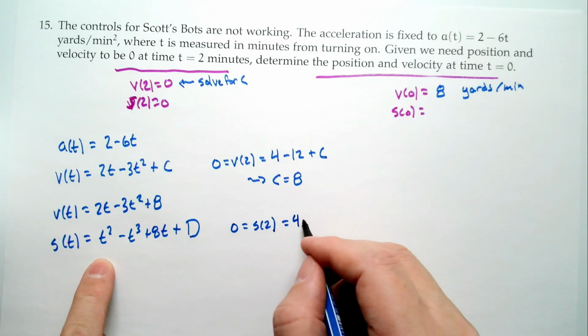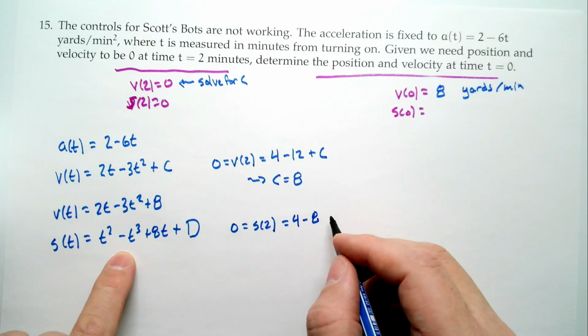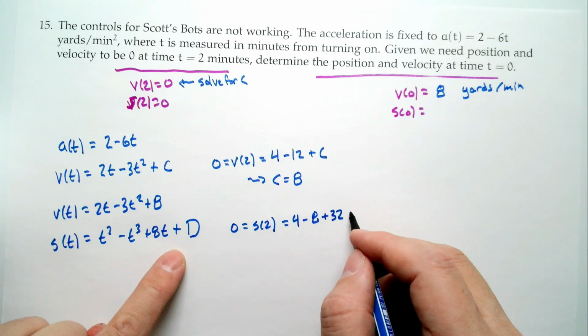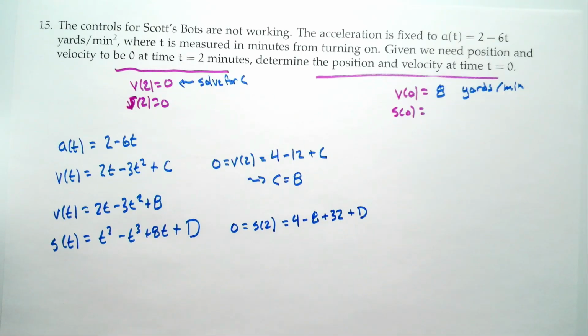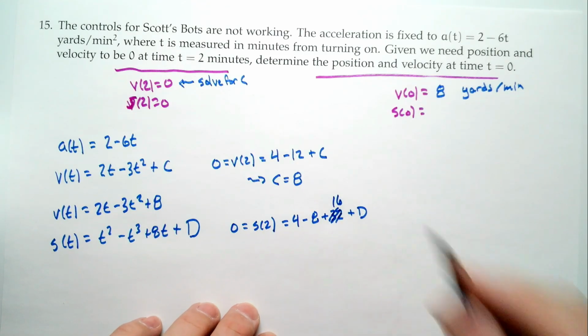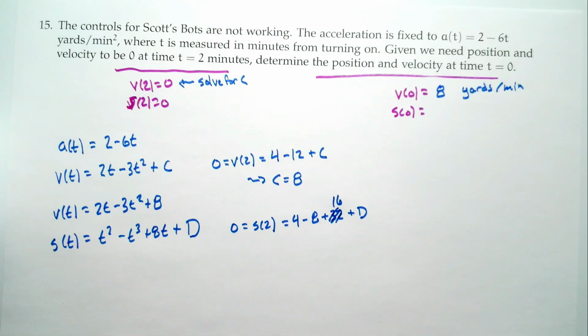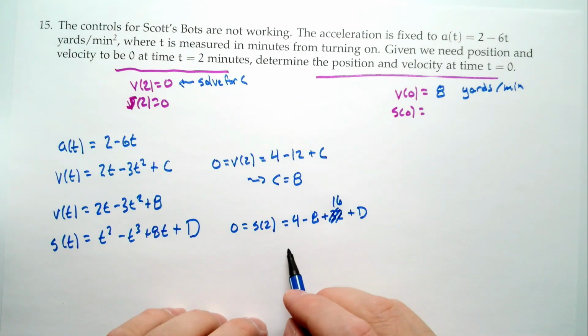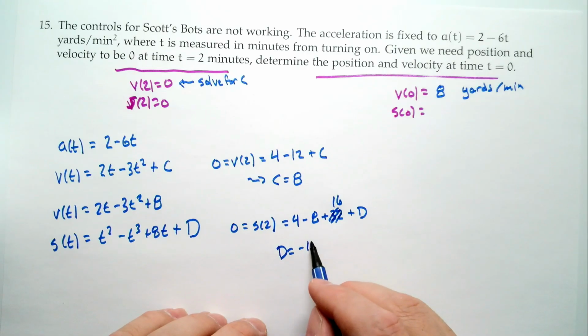We get 4 minus 8, and then plus 32 plus d. All right. So, well, what does that give us? Oh, wait. Plus 16. Yeah, 32 seems excessive. Okay, yes. 4 minus 8 plus 16. All right. Well, what is that? Well, that says 12 plus d equals 0, so d equals negative 12.